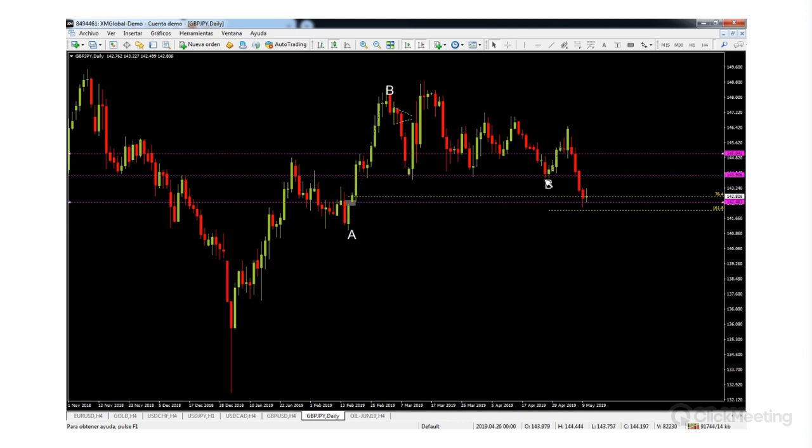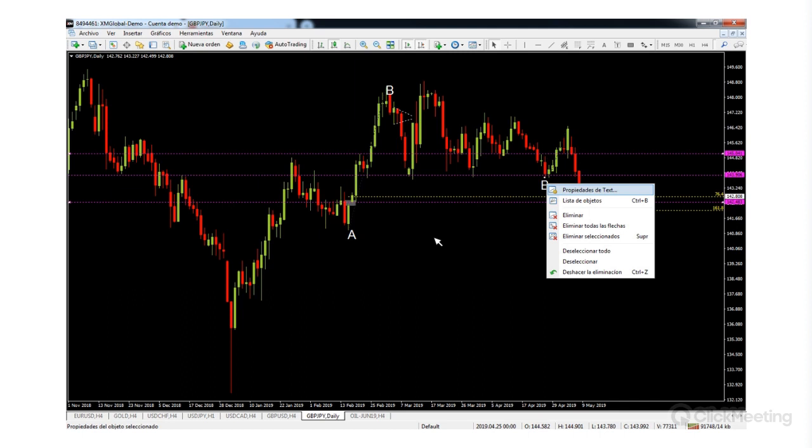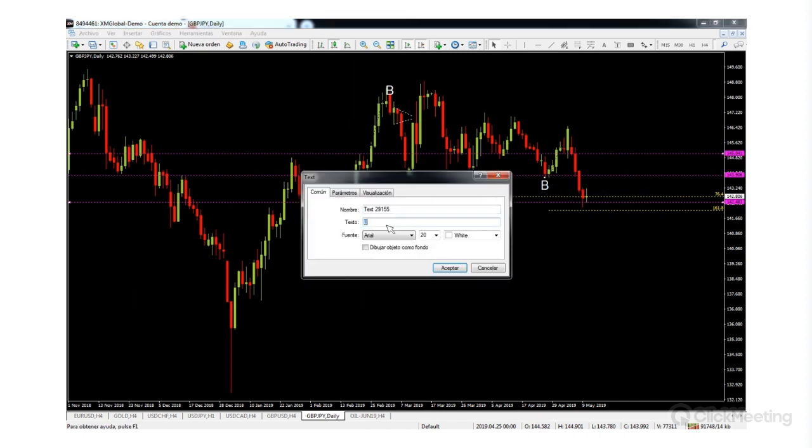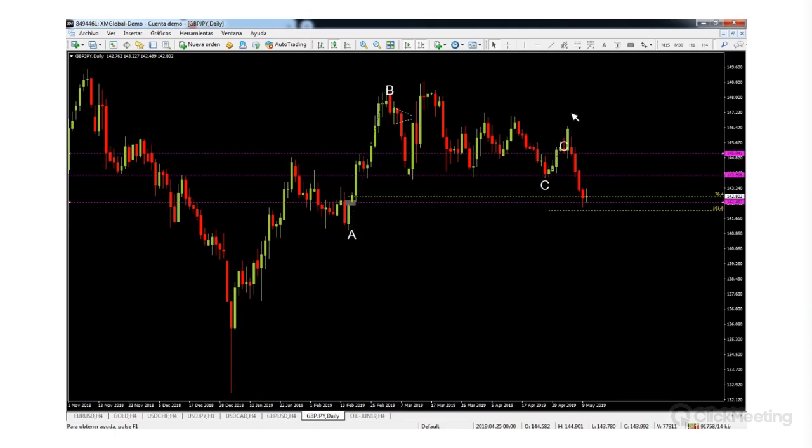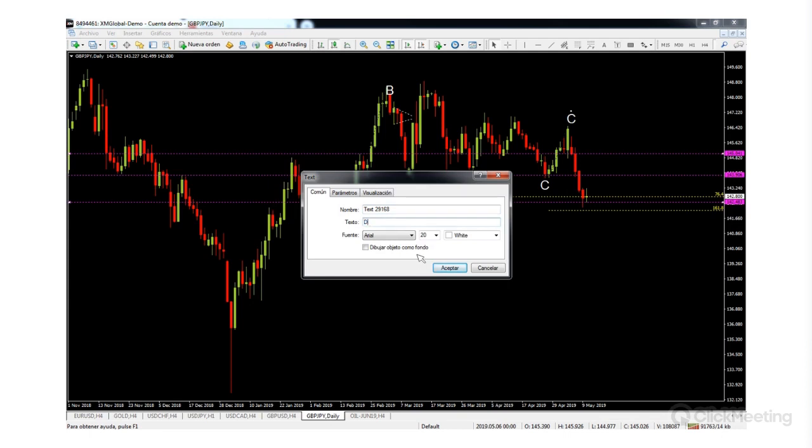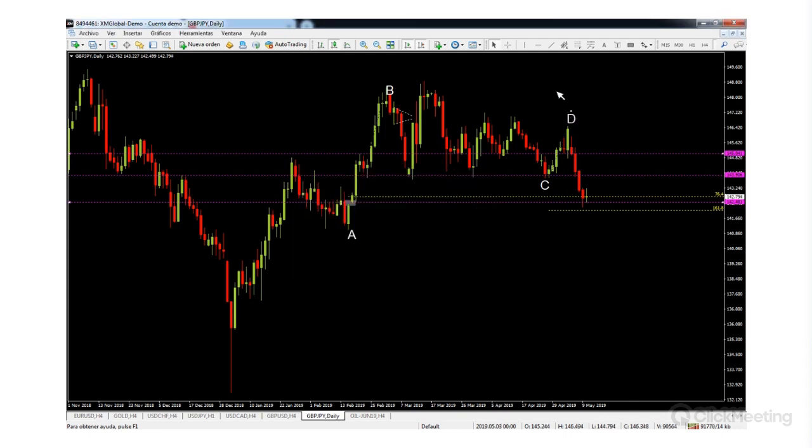And I'm going to point out C to D for you guys right here, because again, it doesn't make sense just saying the C to D move without pointing it out. Here's the C, and here is the D on the C to D leg. Now, we have hit the 161.8.